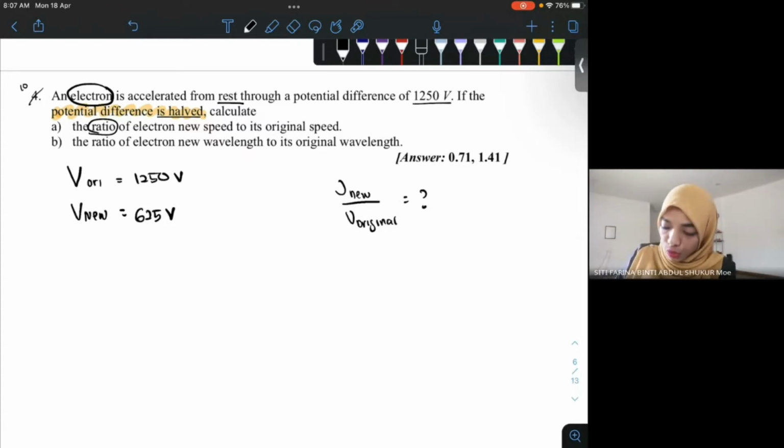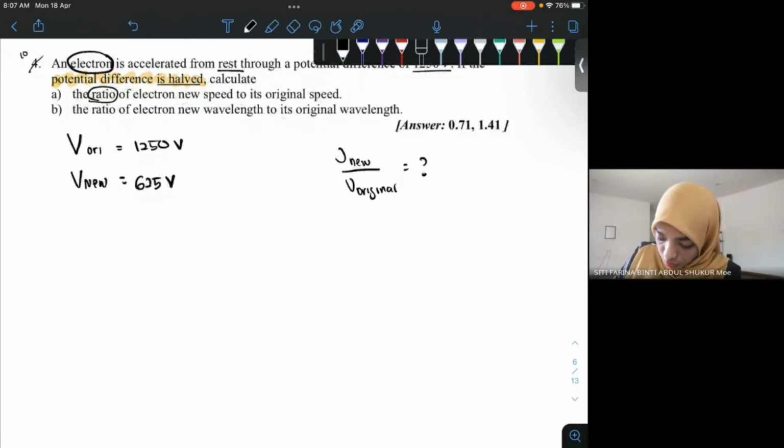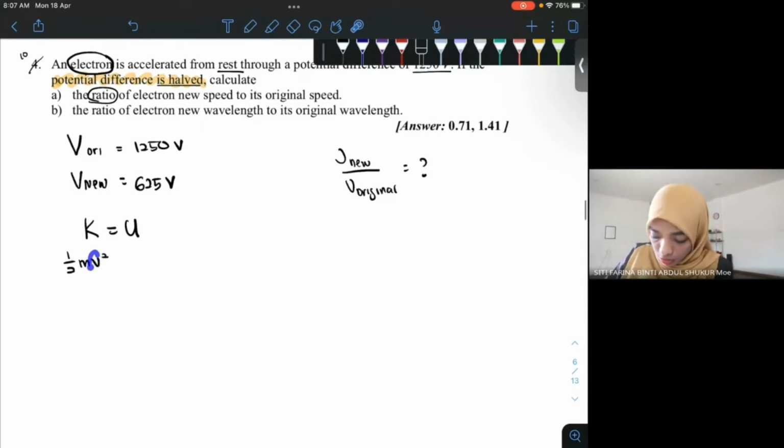Right? So, as you can see here in this chapter, we have the understanding that kinetic energy is equal to potential energy. Kinetic energy is half mv squared. In this equation, we have our velocity, and then we have eV as our potential energy.